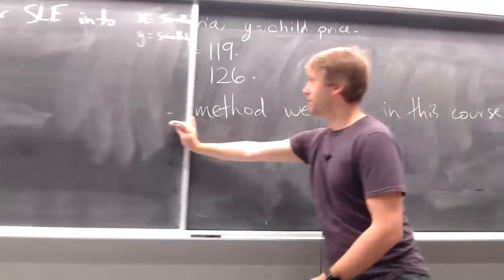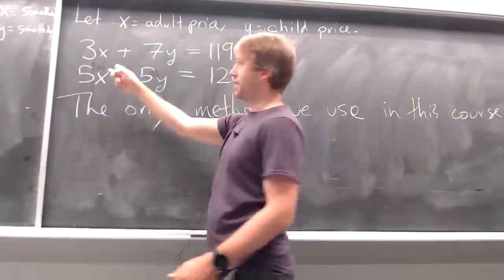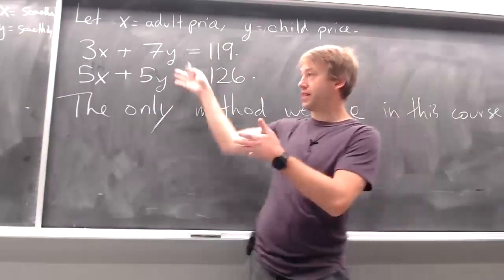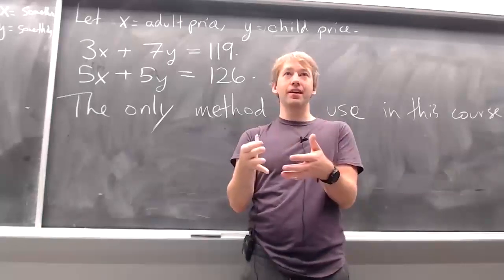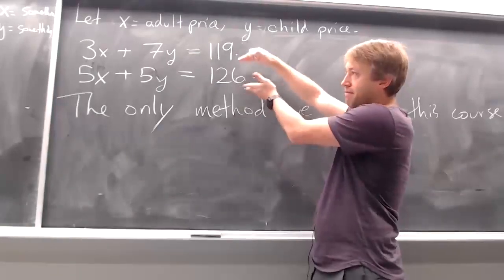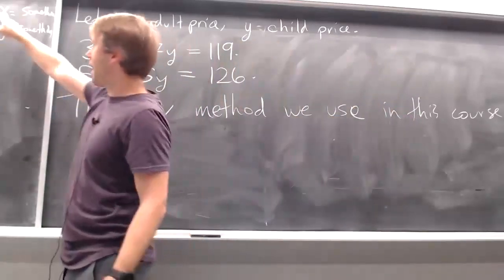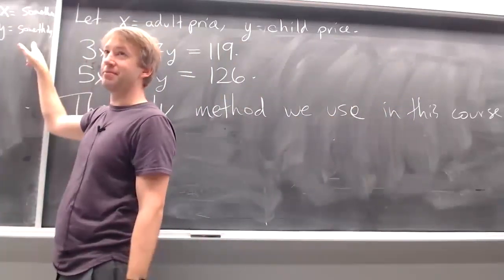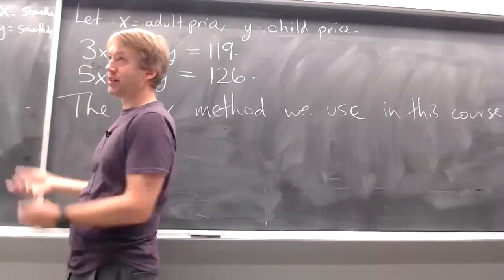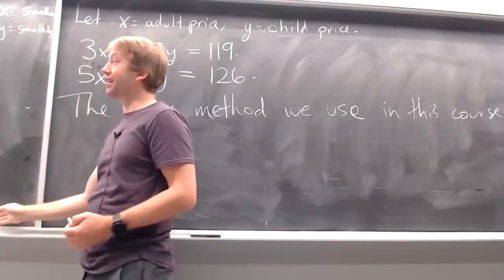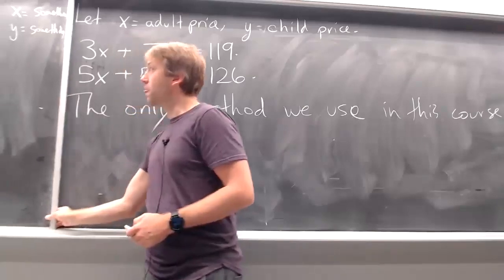What I mean by that is we start with these equations that have x's and y's all mixed together, and I want to step by step manipulate this until it just looks like x equals something, y equals something else.